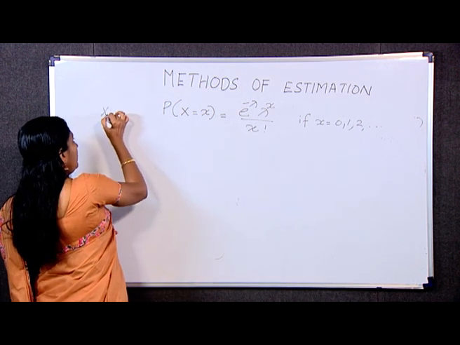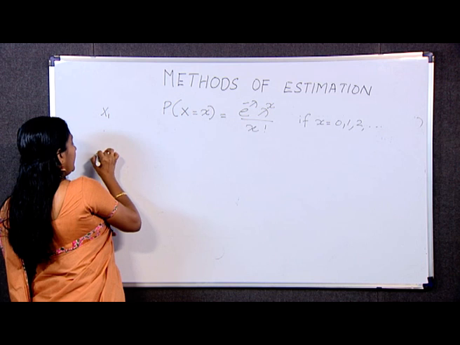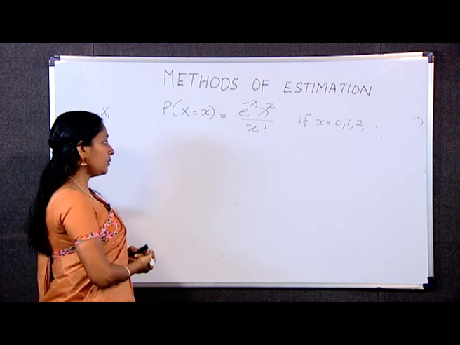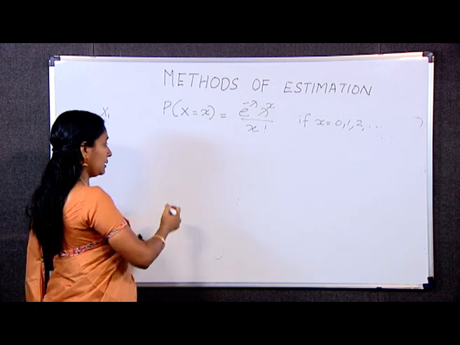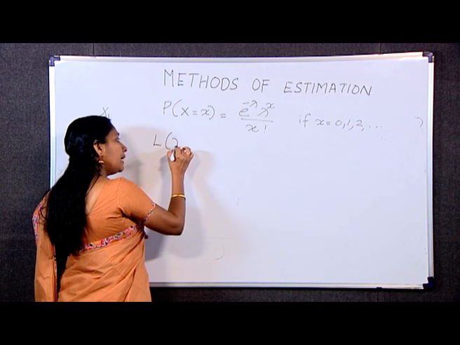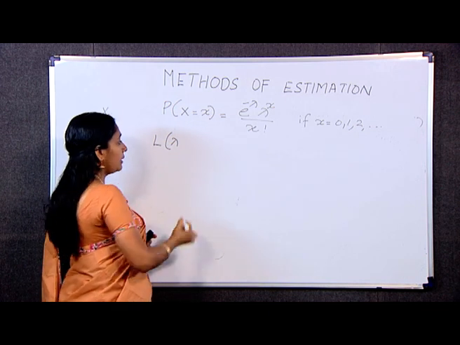Taking the random sample x1, x2, etc., xn from this probability density function or probability mass function, we get the likelihood function as, since lambda is the parameter, we write lambda here.